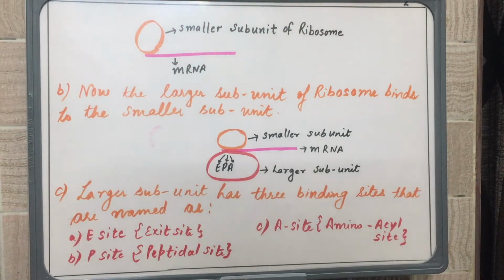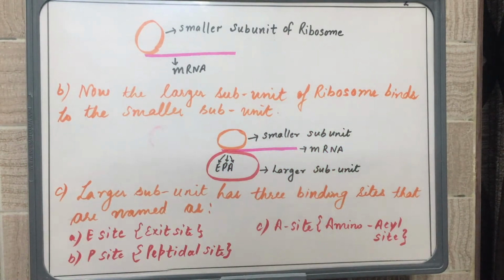This is the first step in initiation. Then the larger subunit of the ribosome will bind to the smaller subunit. As you can see here, the larger subunit, shown in red color, has bound to the smaller subunit, which is already bound to mRNA.